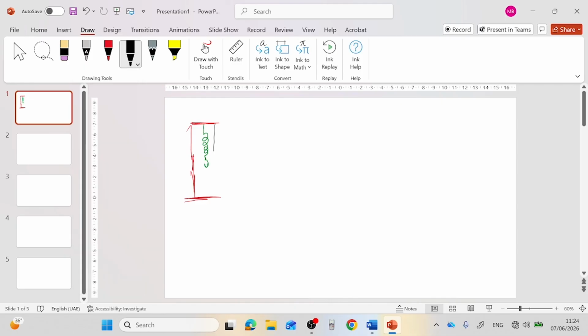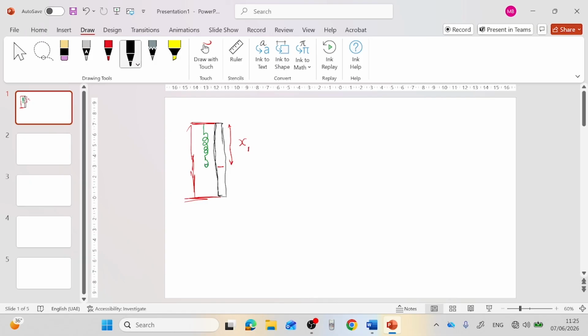First of all, you need to fix a ruler, just a tool to measure the length, and you will find out the initial length of the spring, maybe till this part. And this will be the initial length. Let's call it x1.